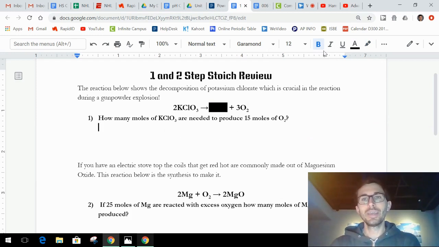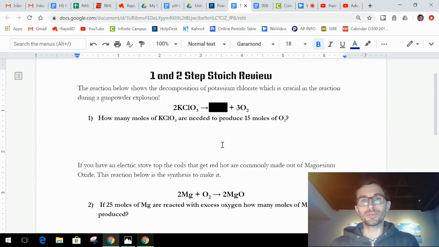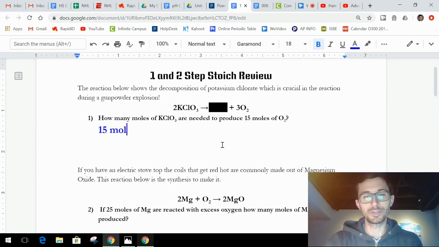So what I want to do is show the work for how I can get from moles of oxygen to moles of KClO3. I'm going to use blue because I feel like it. I'm going to write down our given quantity, which is 15 moles of O2. I'm going to set up a conversion.